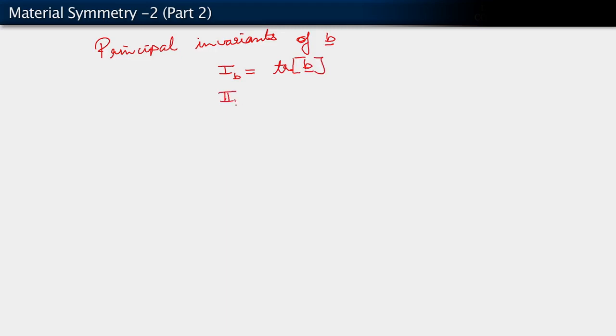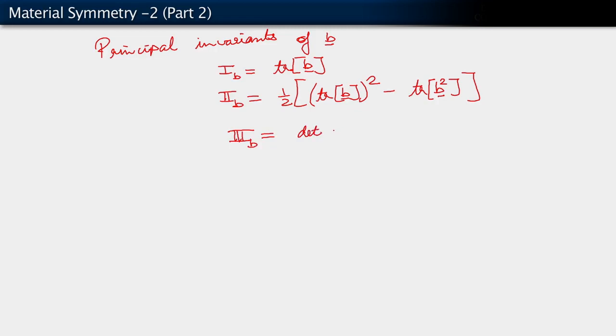The second principal invariant is the square of the trace of B minus the trace of B square. And the third principal invariant is the determinant of B.